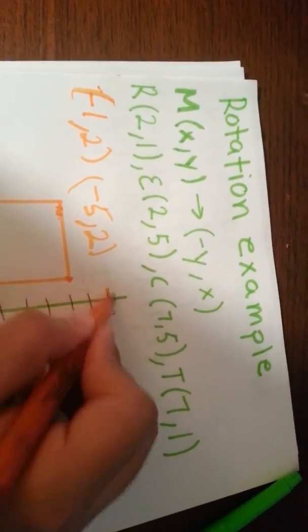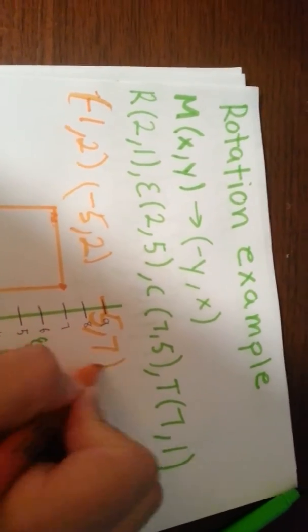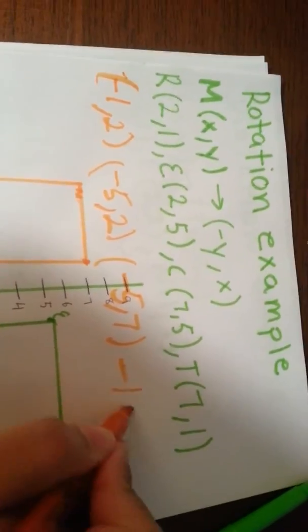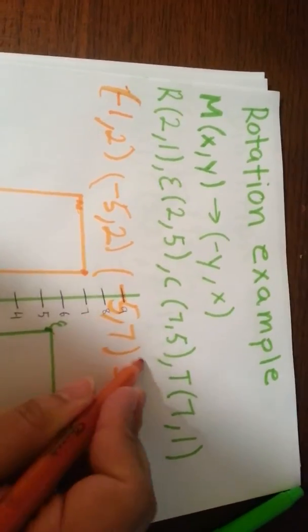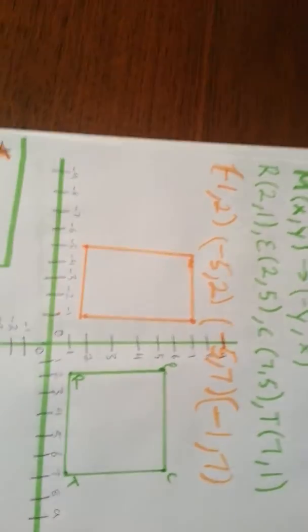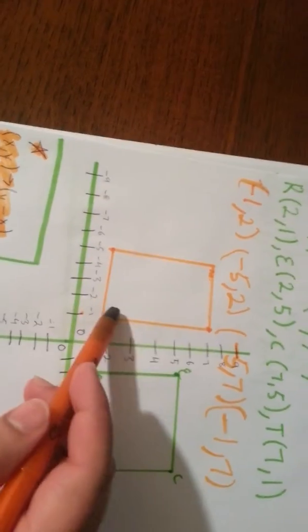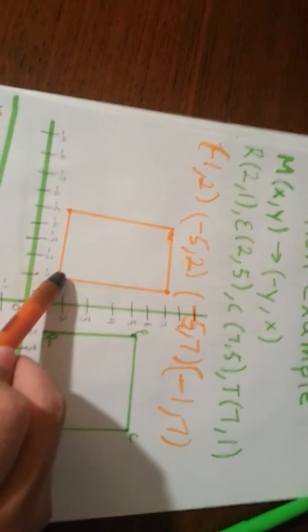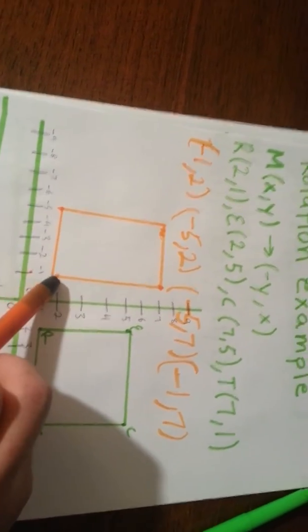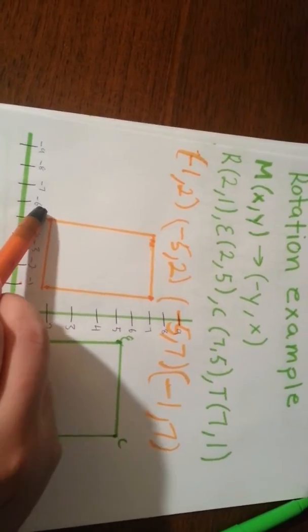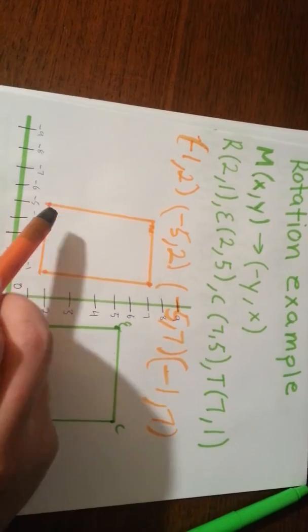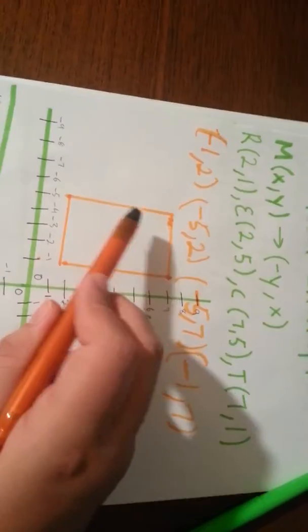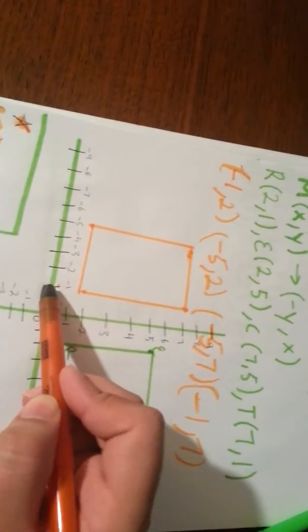This will become negative 5, 7. And this will become negative 1, 7. So I already did this, but when you plug these numbers in, it will come out as this: negative 1, 2, negative 5, 2, negative 5, 7, and negative 1, 7.